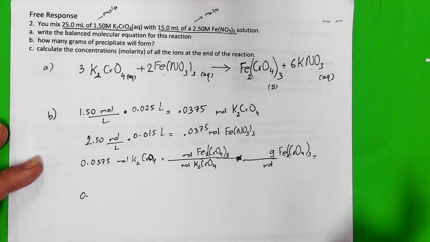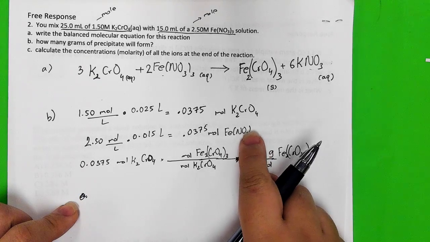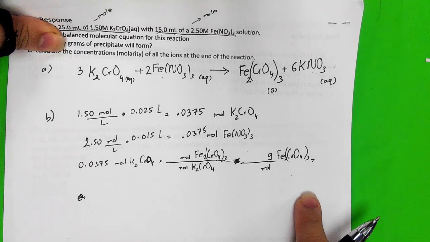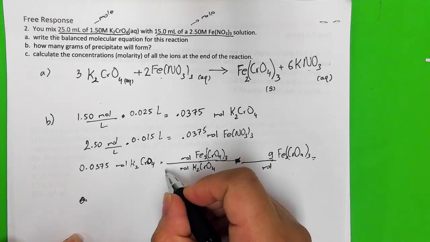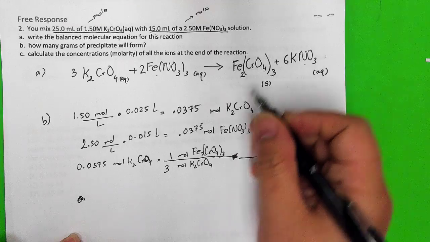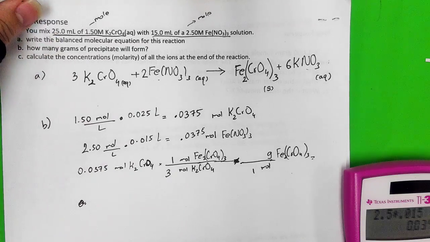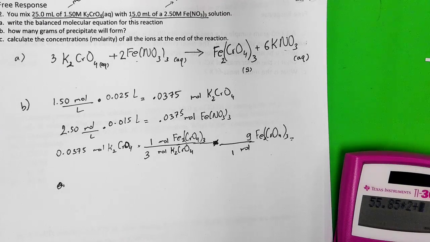I already kind of know it, so I'm not going to do the other one. If you want to, you can convert Fe(NO3)3 all the way to Fe2(CrO4)3, and you will see that this one will give you a smaller number, but I'm not going to do it. So this is 3, and this here is 1, based on this. I'm going to do the molar mass of Fe2(CrO4)3: Fe is 55.85 times 2, plus Cr is 52 times 2, plus O is 16 times 12.